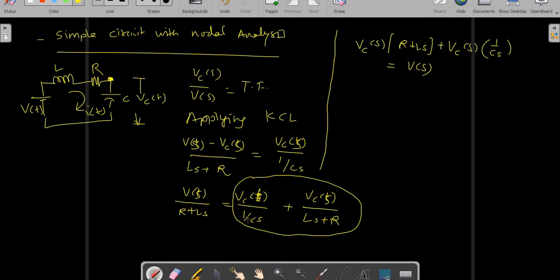Now there will be a product of these two terms, and in the denominator we will have only the term 1/Cs, because we cancel these two terms.